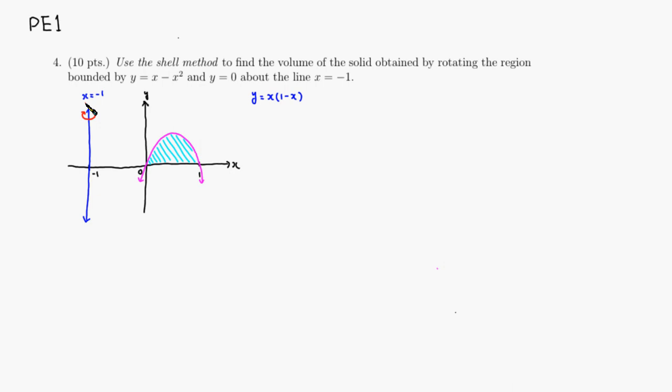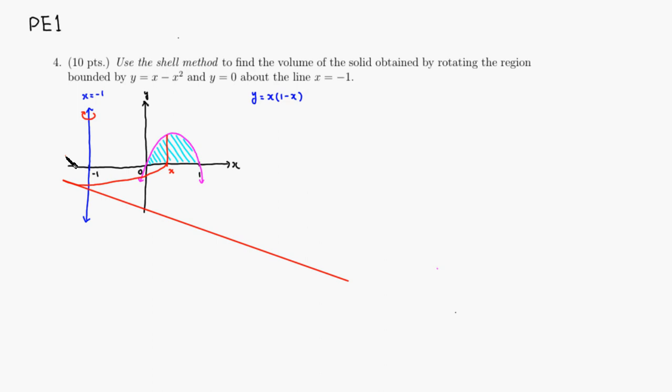So let's sketch a part of the shell so that we have some idea. I'm going to take some random x value here, and this is going to be the height of the shell. Then we're going to rotate it about this vertical line. So it's going to look somewhat like this.